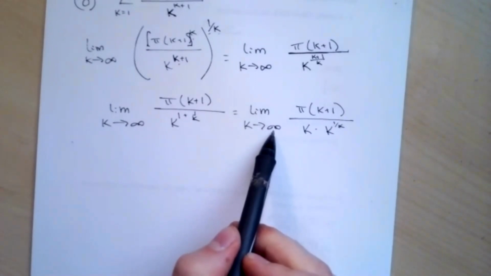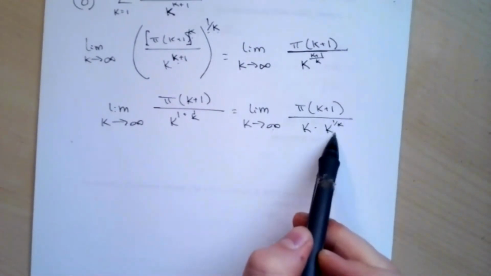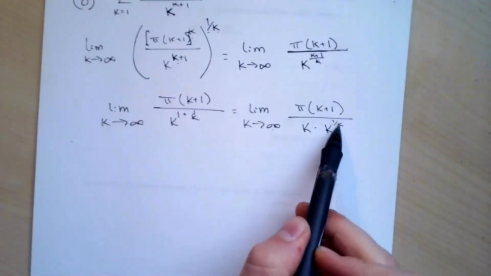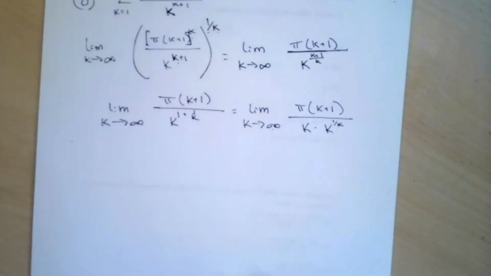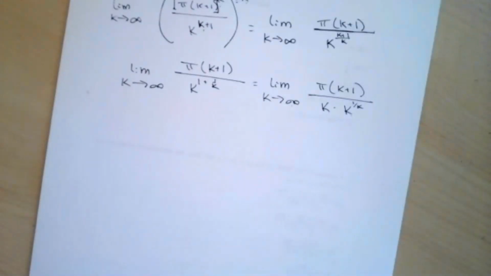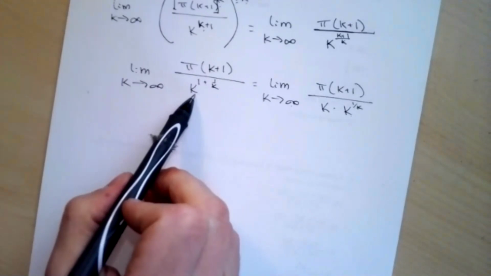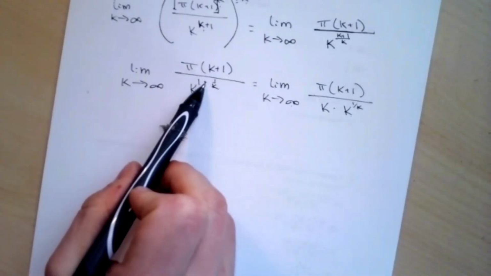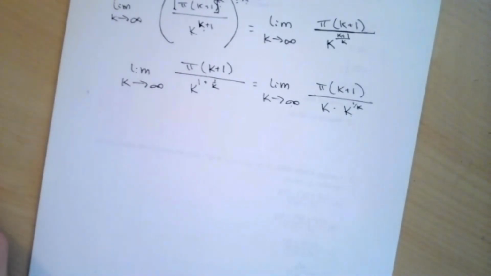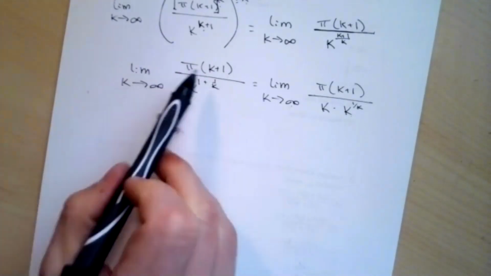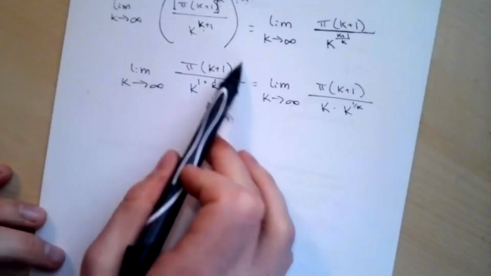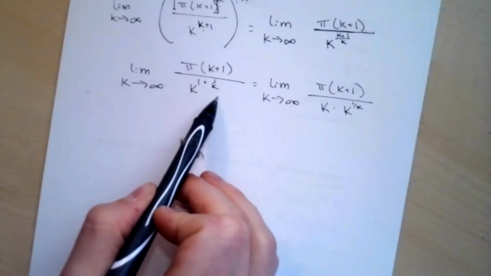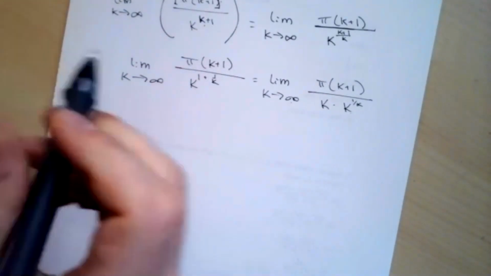Problem is if we check infinity for k to the 1 over k, it gives you infinity to the 0, which is an indeterminate form. Here it's a little nicer because here it's infinity to the 1 plus 0. So infinity to the 1, still infinity. Right, so here, if I plug in the limit, we get infinity over infinity. Then you can do a L'Hopital's rule.